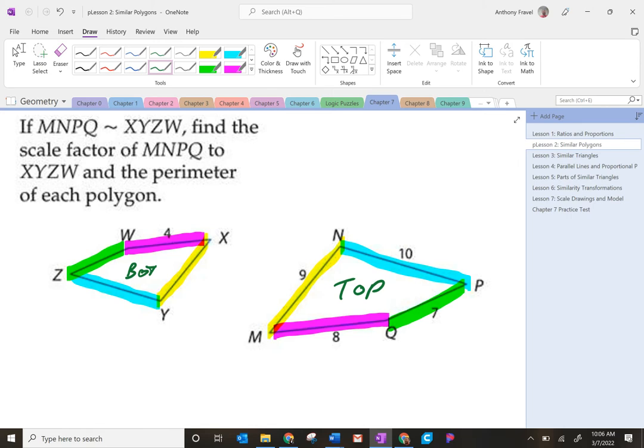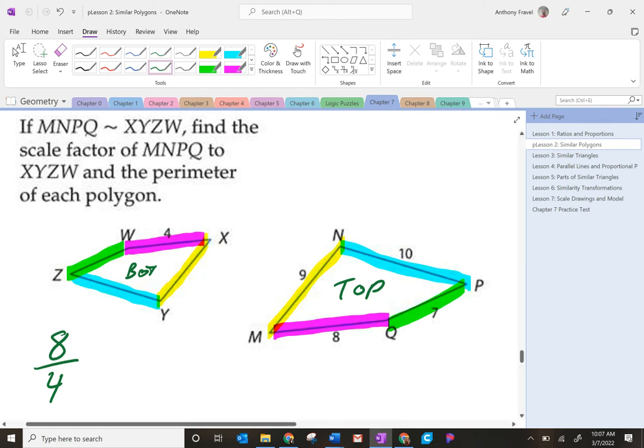Now I will look to figure out which colors they have, which sides are going to match up. I see that 8 and 4 are the ones that will be the same. So again, it's going to be set up as that fraction, as that ratio.